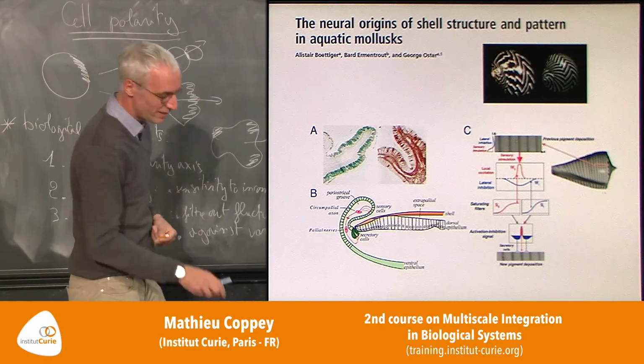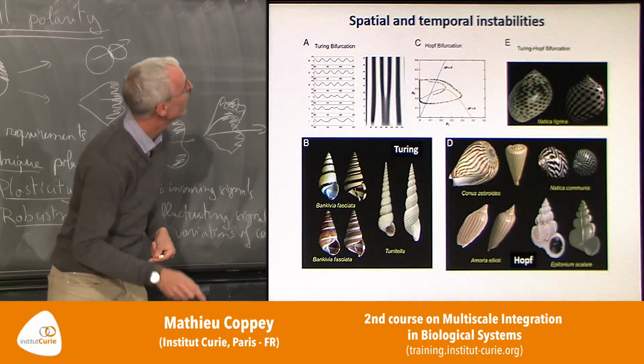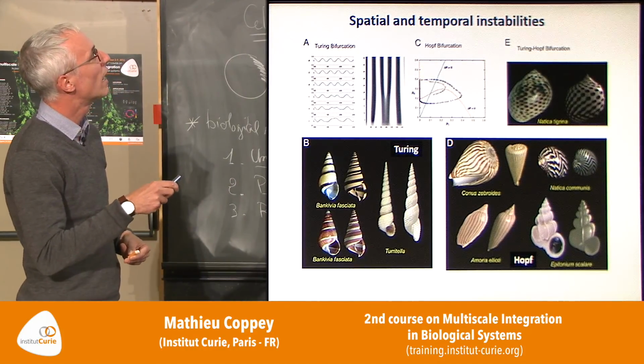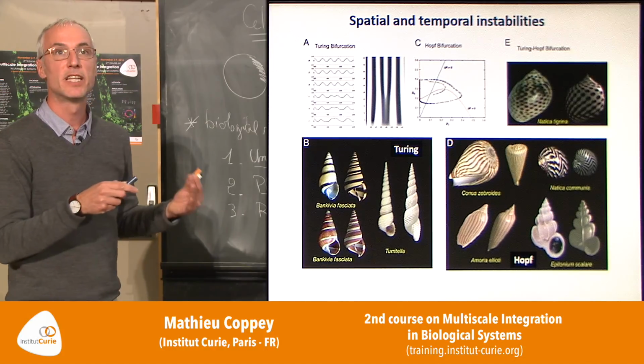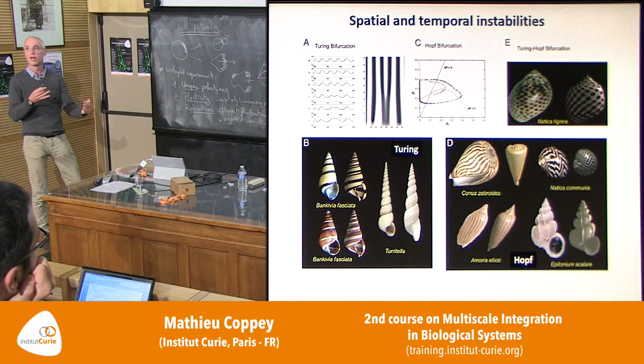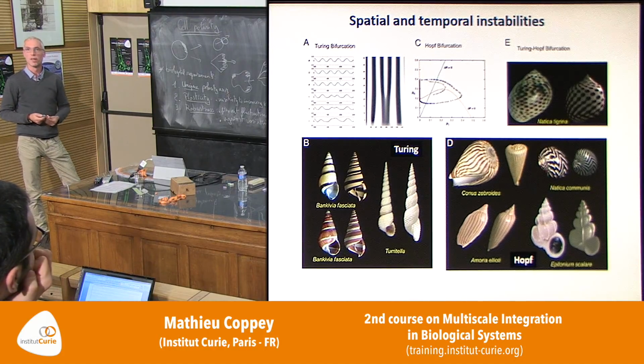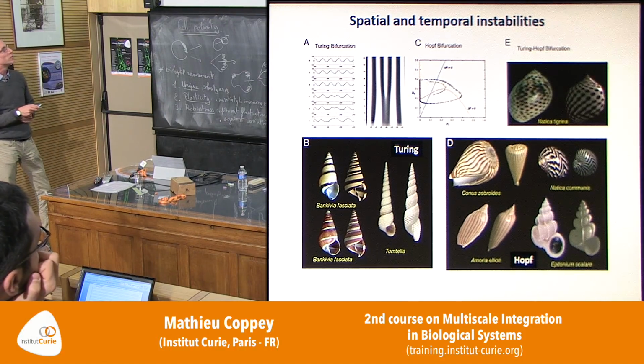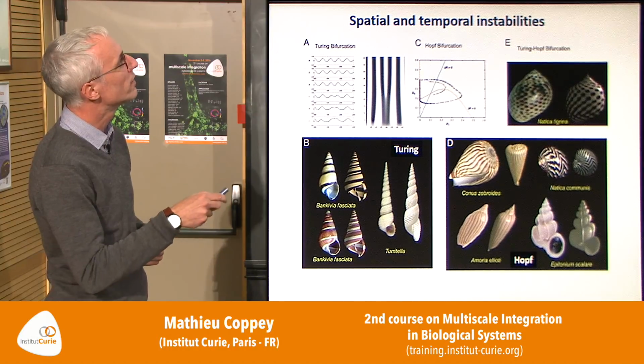And there is a very nice mathematical model that shows how the patterns of the mollusk are related to these Turing instabilities, or Hopf instabilities, so the temporal and spatial instabilities. The idea is a bit the same, though some details are a bit different. But you see that you can really reproduce, given the shape of those mollusks and the way they were growing, the whole pattern that you can see in nature.